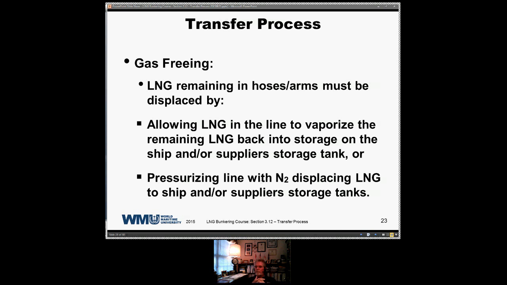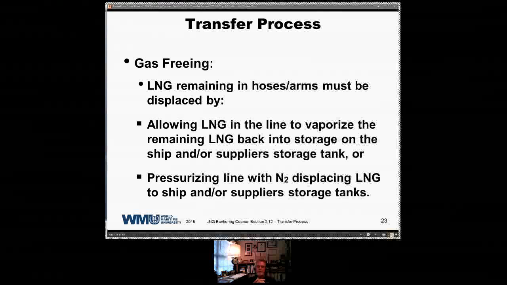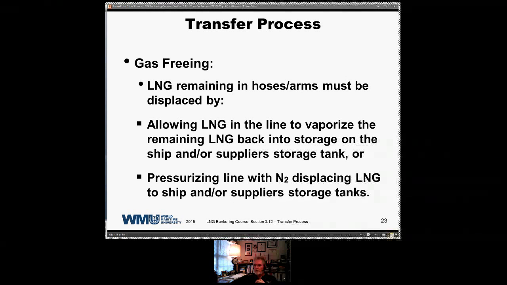This is one of the reasons why when we top off, we're also going to allow a certain amount of space inside that tank for the little bit of liquid that remains in these arms. When you're talking loading arms, you're probably looking upwards of 50 to 75 additional cubic meters of liquid that's going to be put back into your tanks when you do this gas freeing operation. So this has to be taken into account.